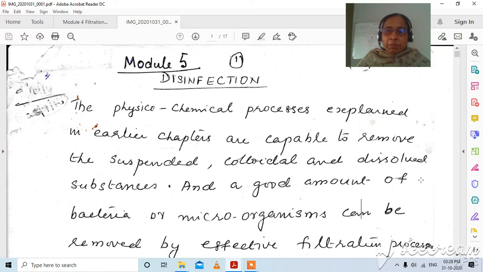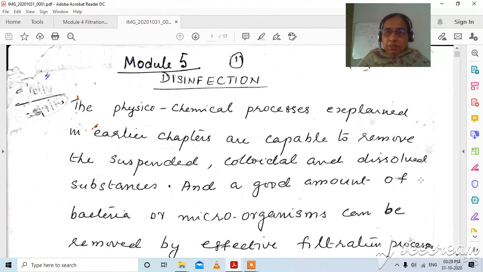And there are different methods to remove or to inactivate the pathogenic bacteria before you drink or before you supply the water to the public. There are different methods, either physical or chemical or combined, that means physiochemical processes.